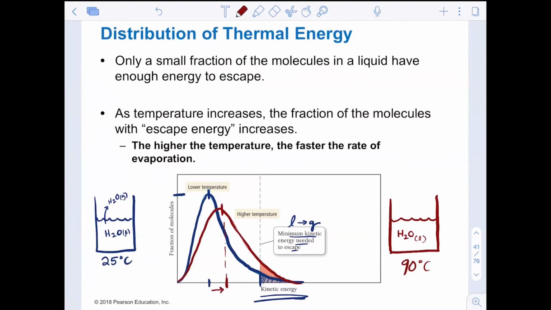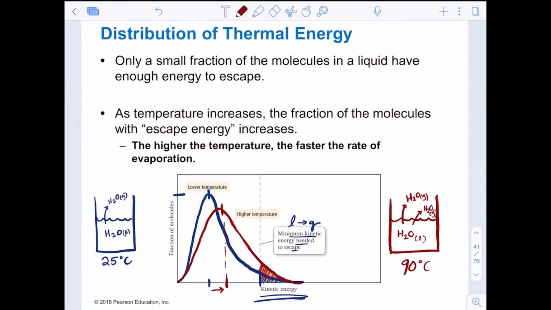But notice how this curve is getting flatter. There's not as high a fraction of molecules at that kinetic energy. There's a more spread out distribution. And notice that there are more molecules that have the ability to escape. All right, so we're going to draw two. Nice. The higher the temperature, the more molecules will have the ability to escape.